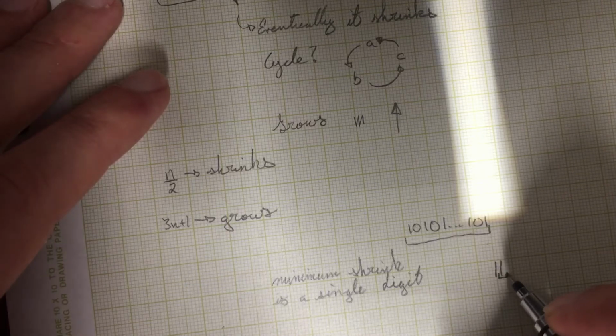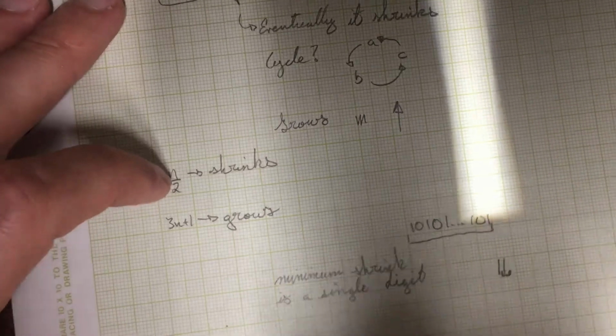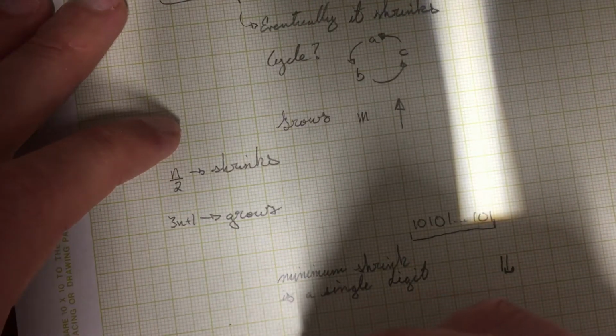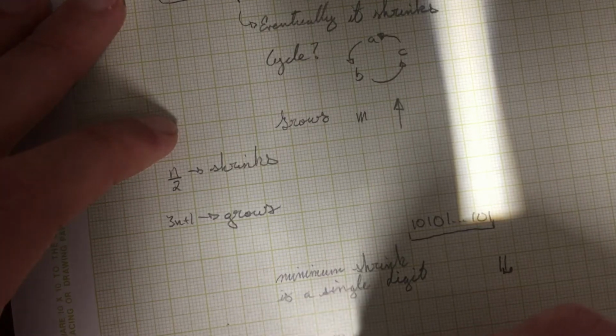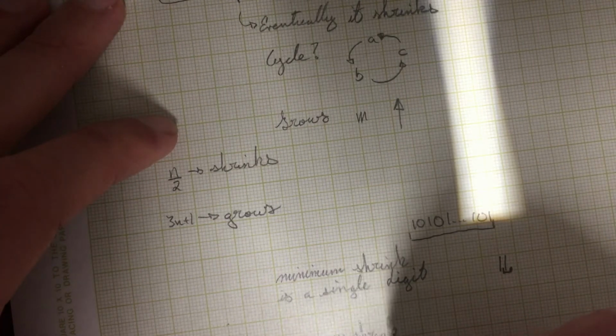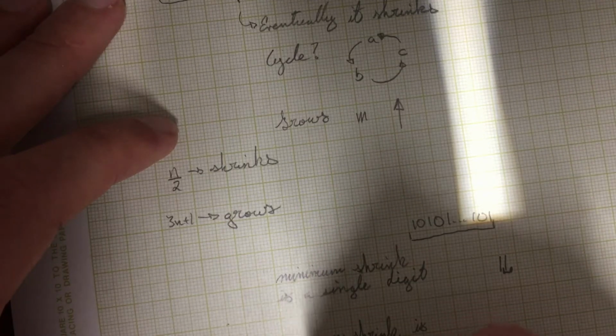And so all my n over 2 step can do is remove a single digit. The maximum shrink, right, is the total length of the number, the total number.